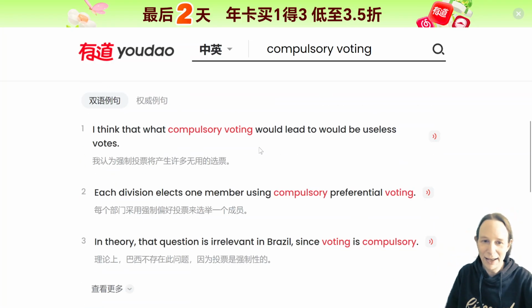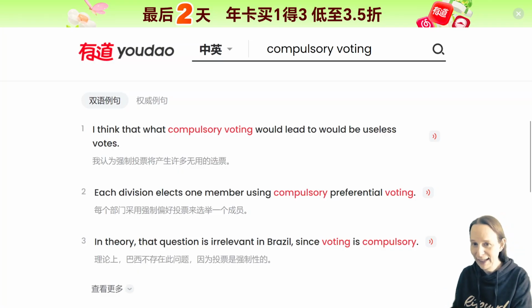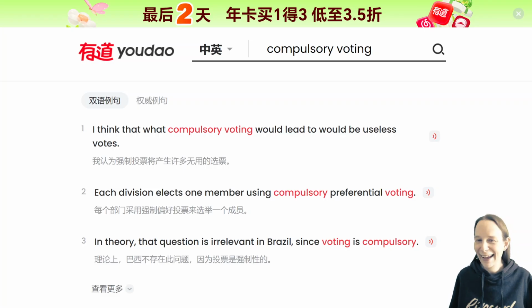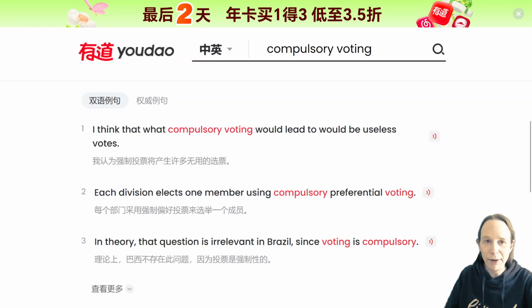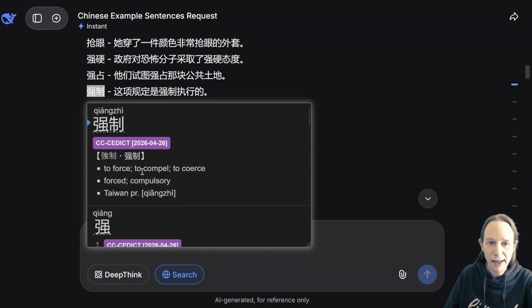So when an election comes along, if you're on the electoral roll, you either vote or you get a fine. It's not the world's worst criminal offense if you don't vote. It's a fairly small fine, but it's enough to make it worthwhile going to actually vote. But yeah, 强制投票, compulsory.